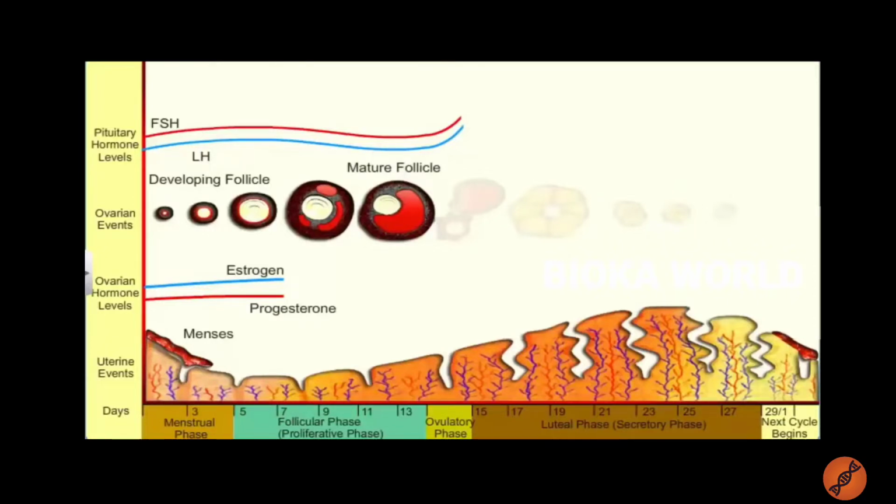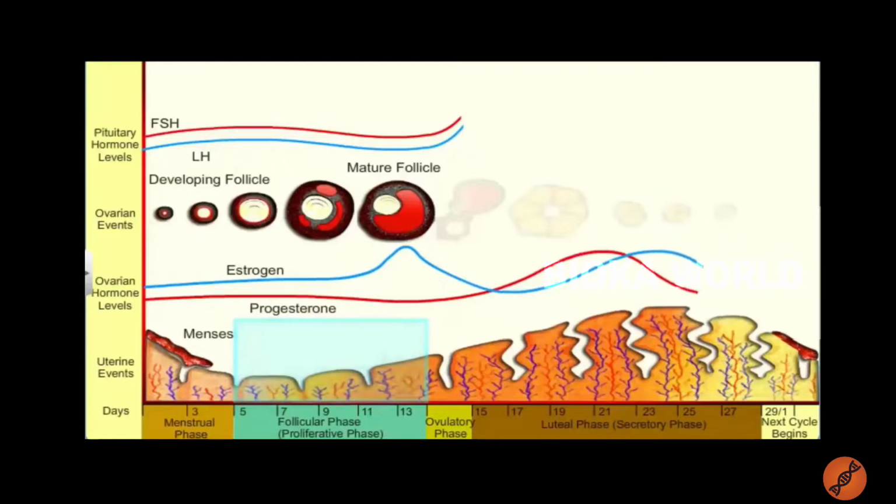Moreover, LH and FSH stimulate the maturing follicles to release estrogen, a hormone that helps in the proliferation of the endometrium. The increased levels of estrogen in turn cause the anterior pituitary gland to release a surge of LH and FSH.